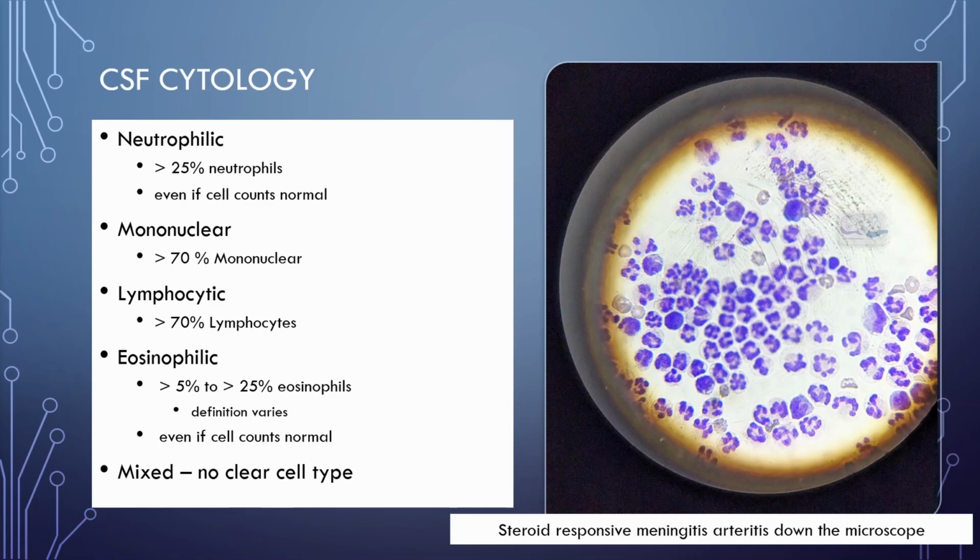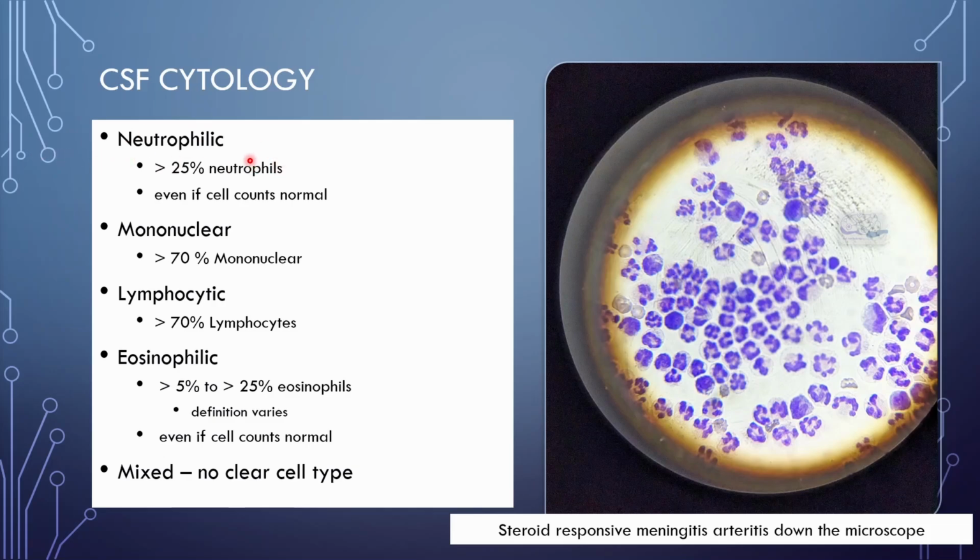So when we look at our cytology, we expect to see a low number of cells and them to be mononuclear cells or lymphocytes. If the cell count is up, we call it a pleocytosis, and to give it the name neutrophilic pleocytosis, it would have to have more than 25% neutrophils.